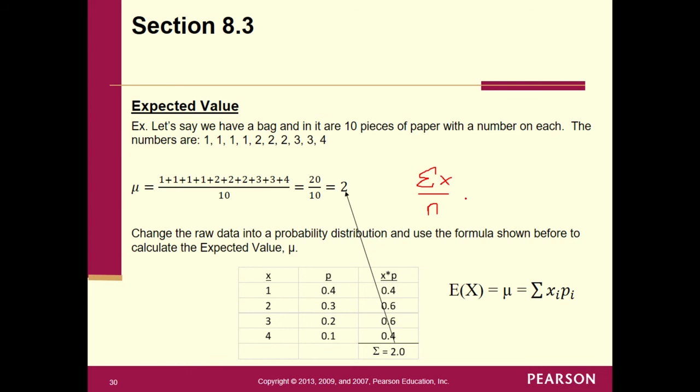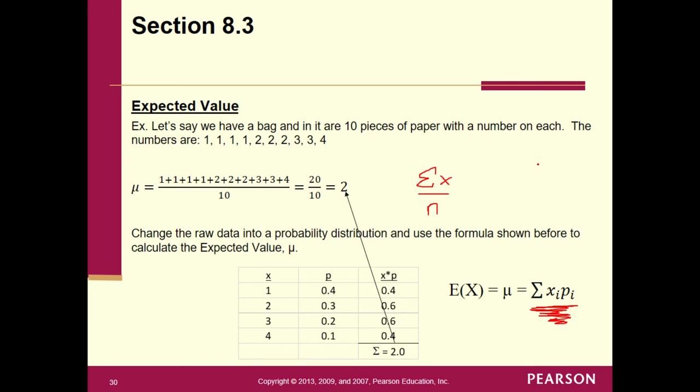To figure out the mean of the raw data, you would use that formula. However, if you have a discrete random variable whose data was turned into a probability distribution, you have to use this formula. But they're getting you to the same point.